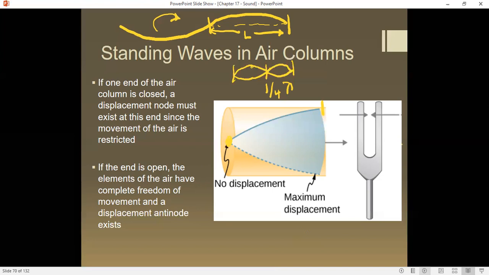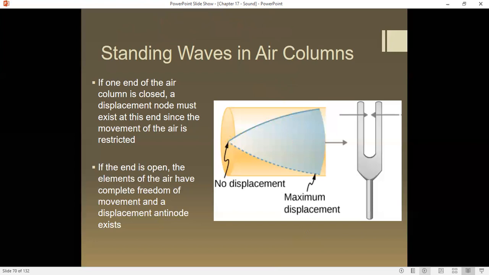So this only represents a quarter of the total standing wave. This open-closed air column is really strange because the fundamental is a quarter the length of the entire tube.